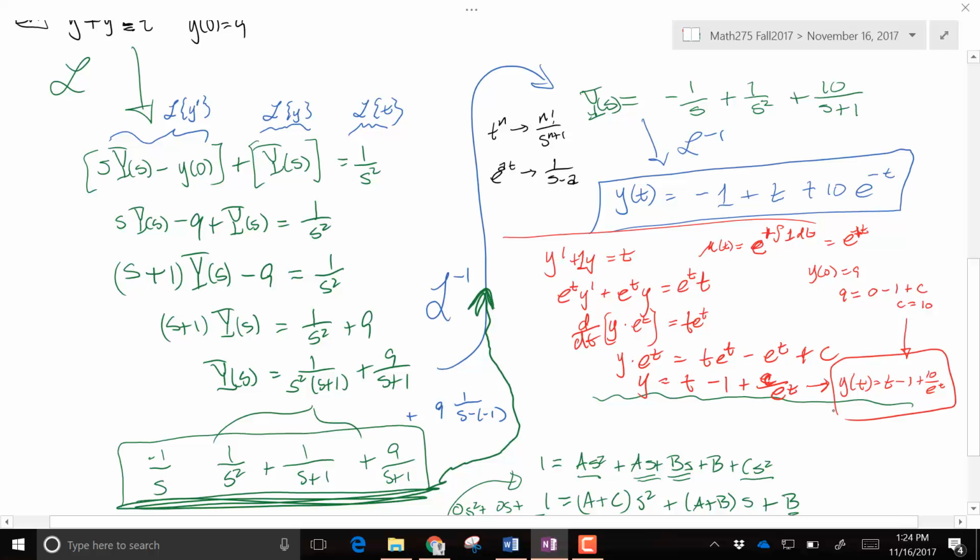So our solution matches. I'm glad that it does. And now we can use Laplace transform. I mean, we just verified. Let's just check.